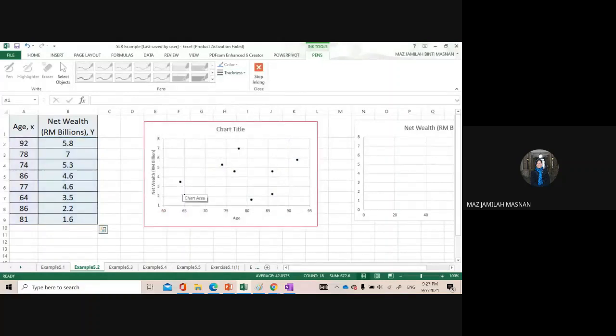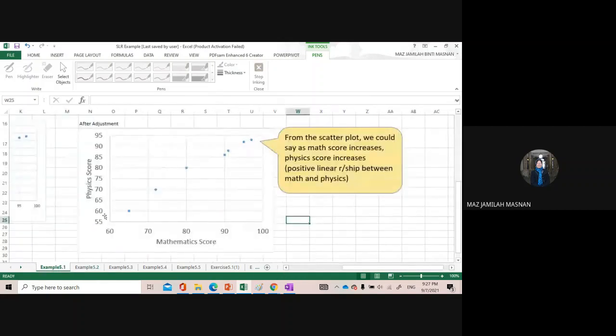Our first eye could be, this could be the line, but it's too much. If this is the line, this will be considered an outlier, too far away from the line. Or is it this way? Could be possible. Or is it this way? Could be possible. But if you compare to what you have in 5.1 just now, obviously you can see the line.